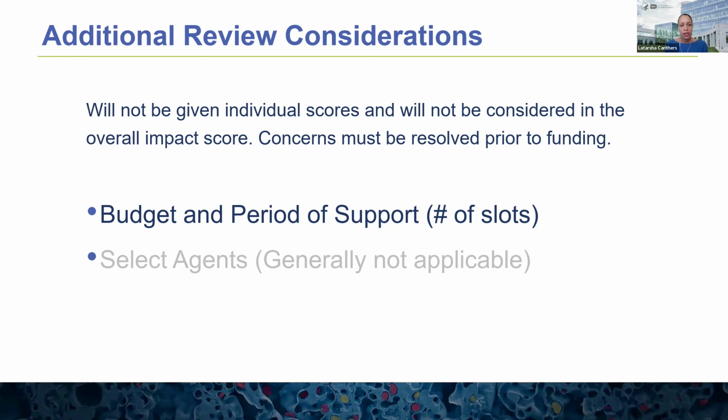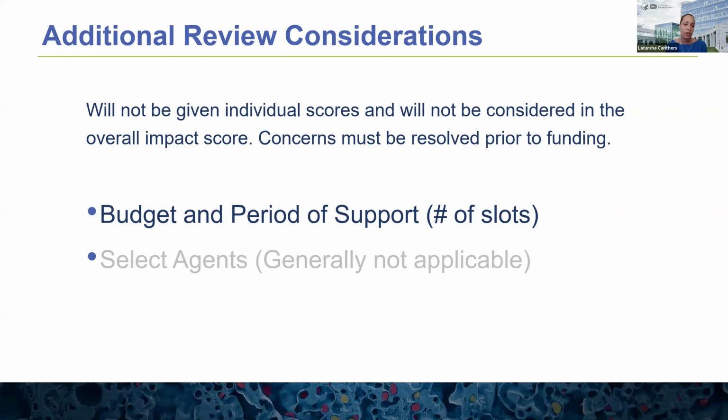Then reviewers will consider whether the number of requested slots are fully justified for the budget. This is part of the additional review considerations. So the budget will not be given an individual score, and it will not be considered in the overall impact score. But if there are concerns, they must be resolved before funding.